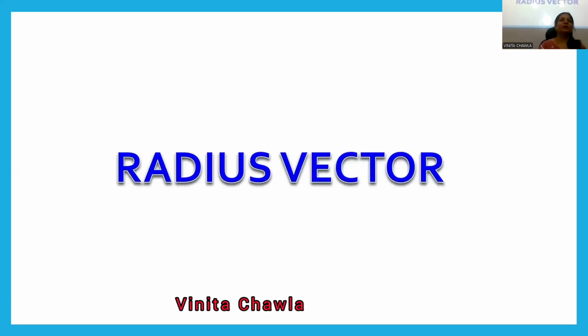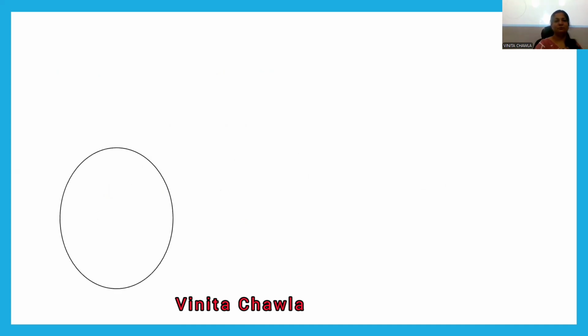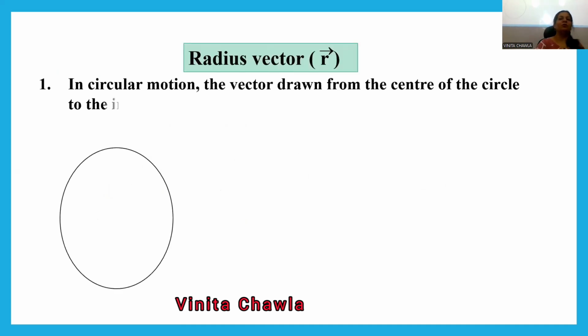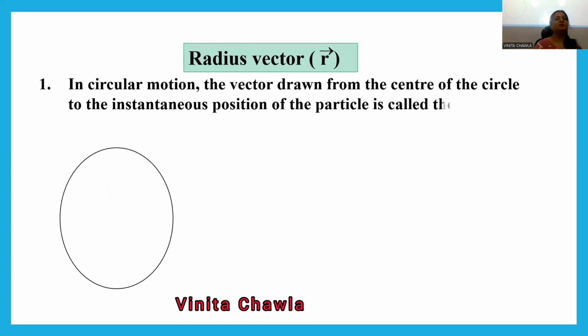Next, we have radius vector. Next heading, write the heading, radius vector. See, in circular motion, the vector drawn from the center of the circle to the instantaneous position of the particle is called radius vector.